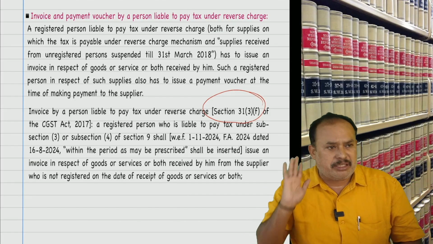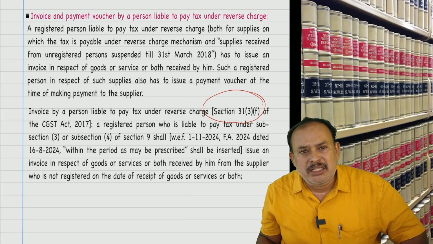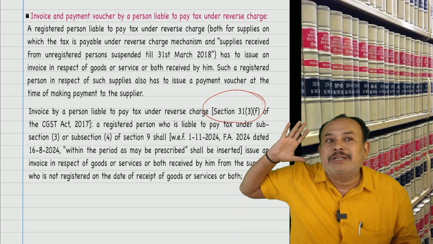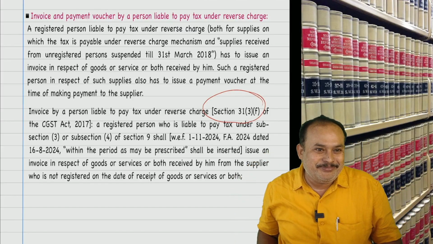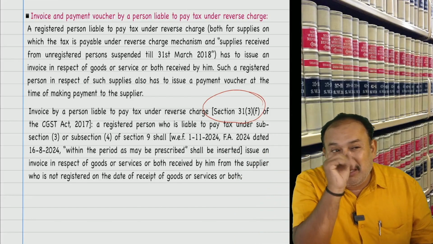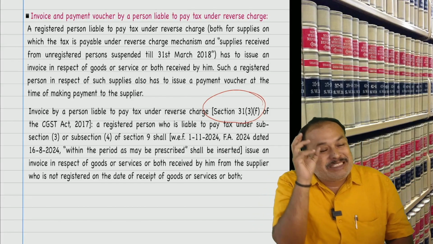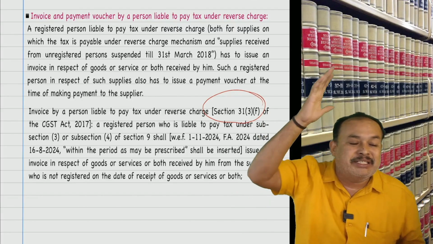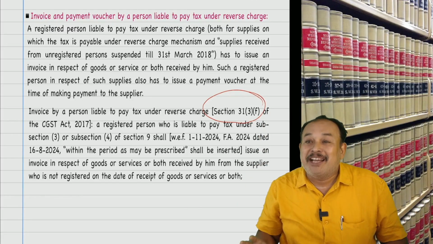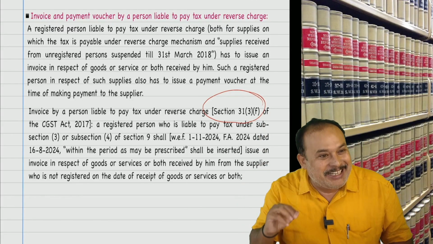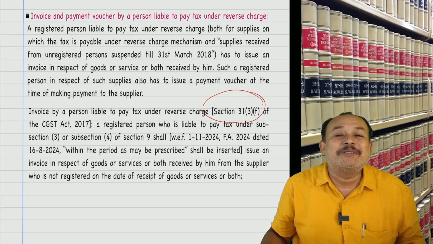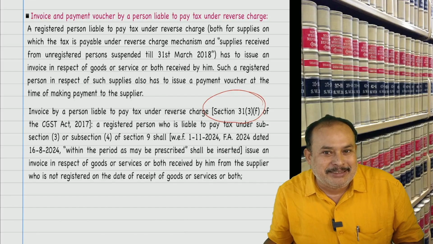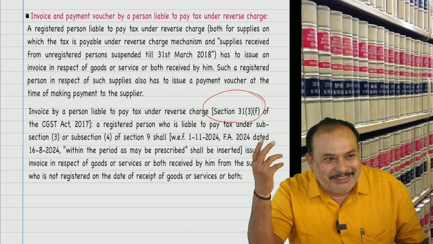Who is liable to pay GST? The recipient. Then the recipient is bound to issue the invoice. What time limit has been prescribed for the recipient to issue the invoice? 30 days from the date of receipt of the goods or services.